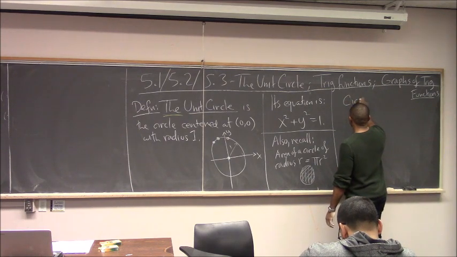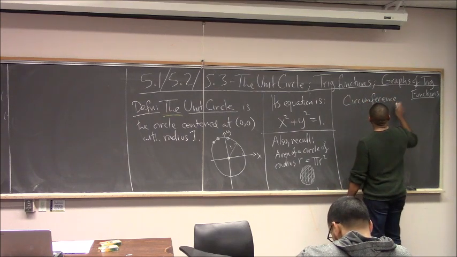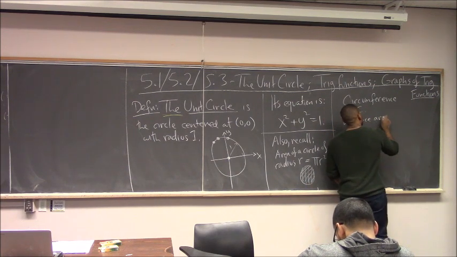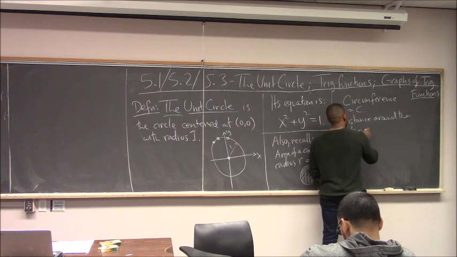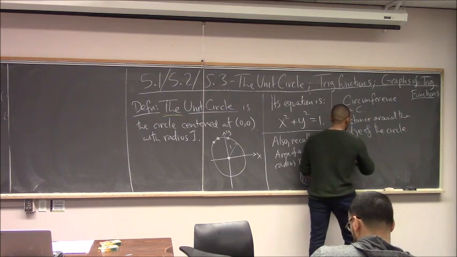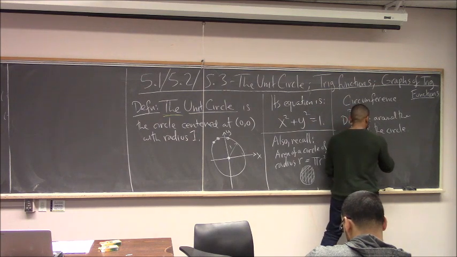What about the circumference? Call it c. This is the distance around the edge of the circle. And c is equal to, yeah, 2 pi r.